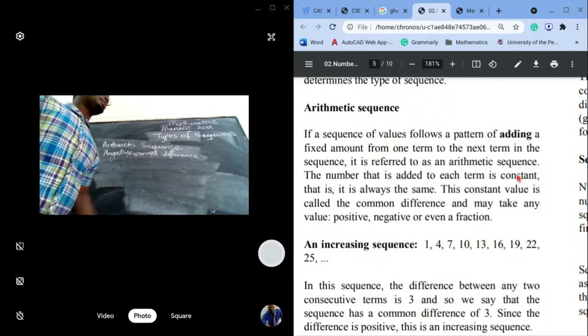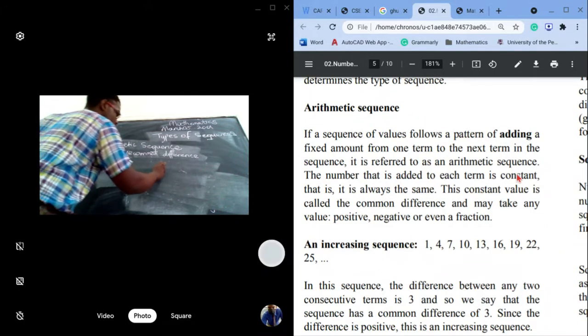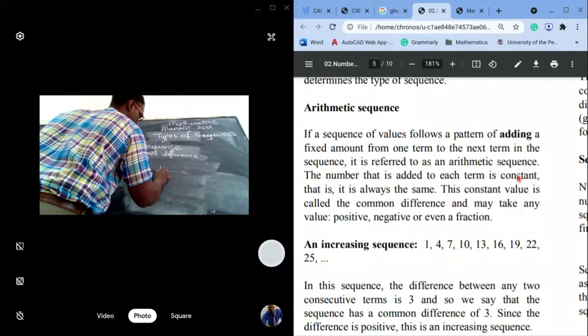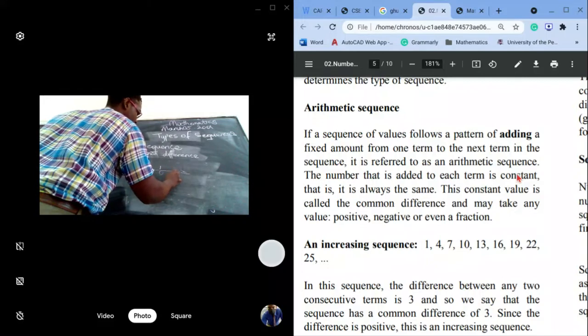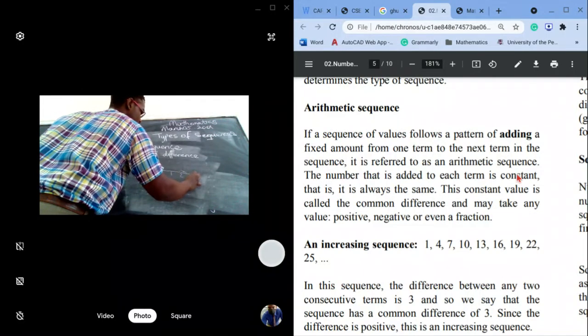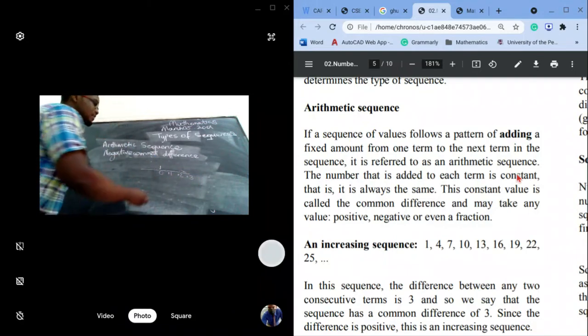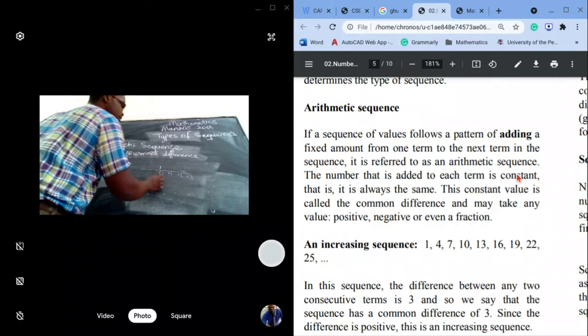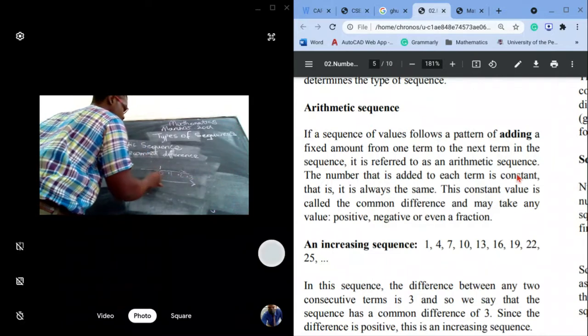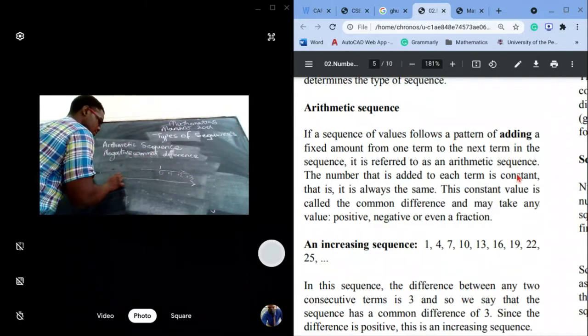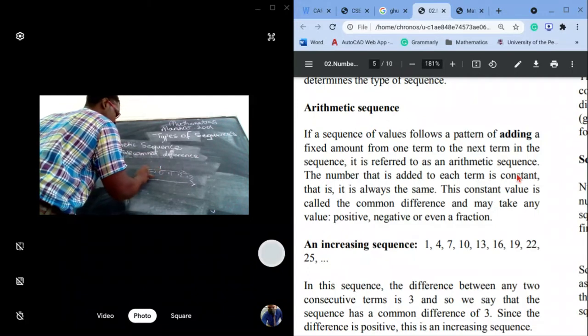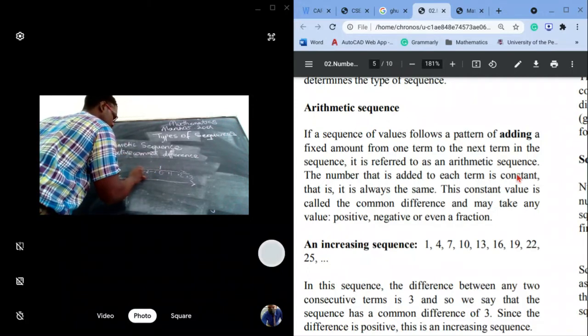Now, the term negative, if I was to give you a number line and say this was 0, and I continue to say positive 1, positive 2, positive 3, right? The negative of this would be not going right, but instead going left. So this would be negative 1, negative 2, negative 3.